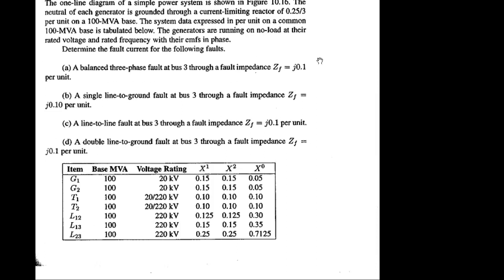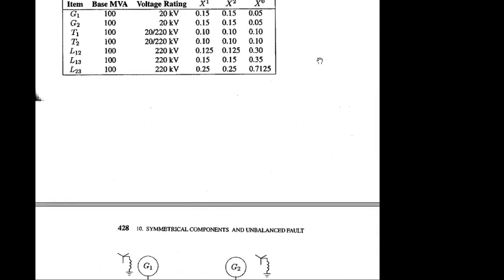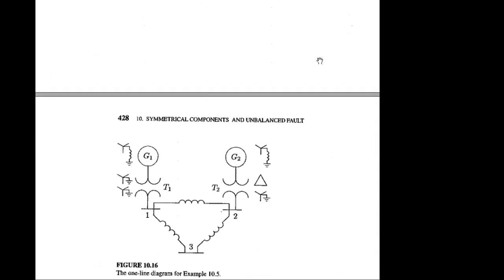Regarding that fault or that problem, how can we address that scenario? This is the single line diagram, showing how it is connected to generator, to transformer, and three line.